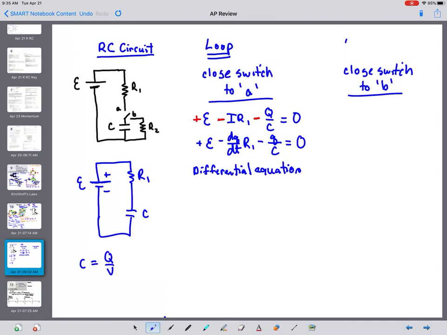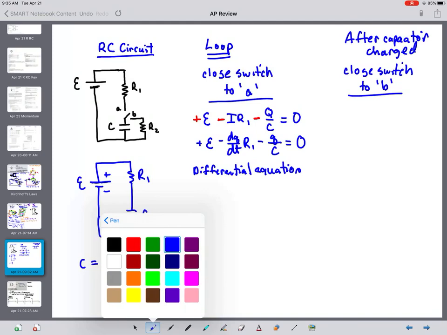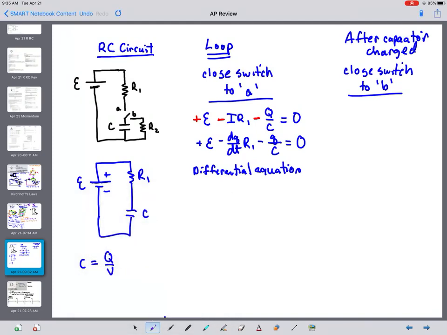Now, if we close the switch to B after the capacitor is charged, if I throw our switch over to B, then basically our circuit is only the little loop over there on the side, and the battery is completely cut off because A is not connected anymore.